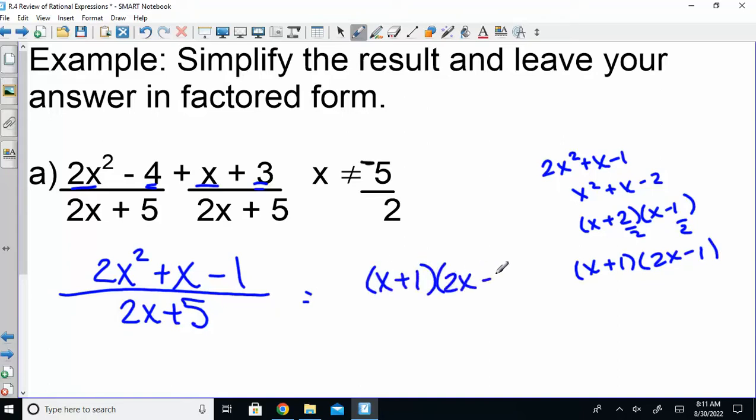Does anything cancel out if I do that? No. So I would accept either answer. If there's anything that cancels out, I do want you to reduce that. For the most part though, I'm really focusing on the adding and subtracting here, so most of these are not going to reduce at all when we get to that point. All right. Other questions?